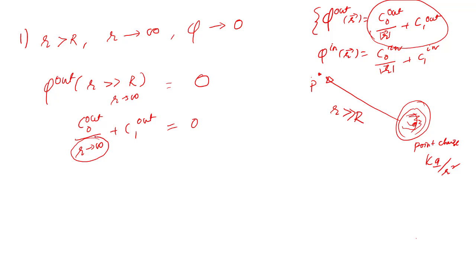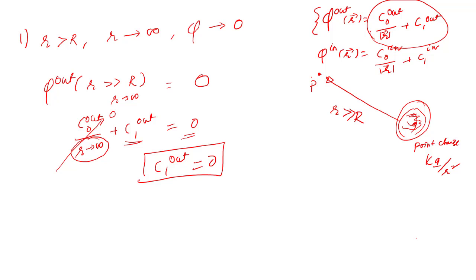Because this has a large number in the denominator, it is a very tiny contribution. So that means C1 out is equal to 0, because very far away from the surface of the conducting sphere, both the potential and the electric field should go to 0.